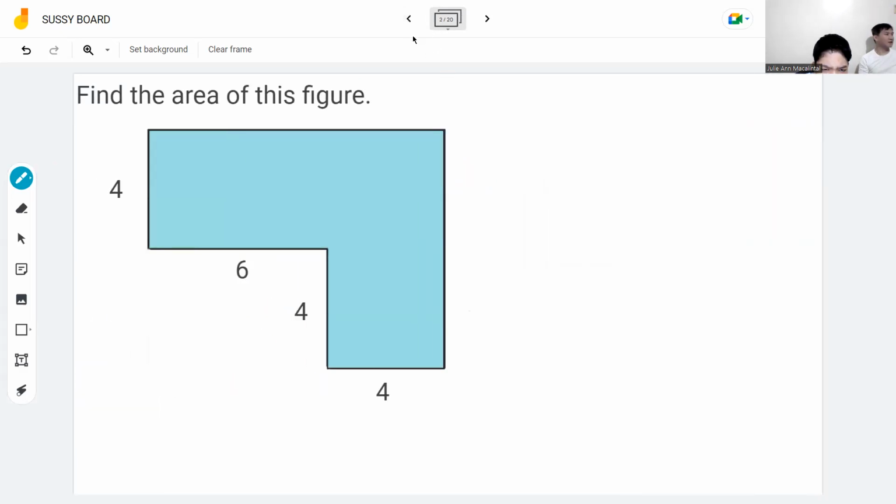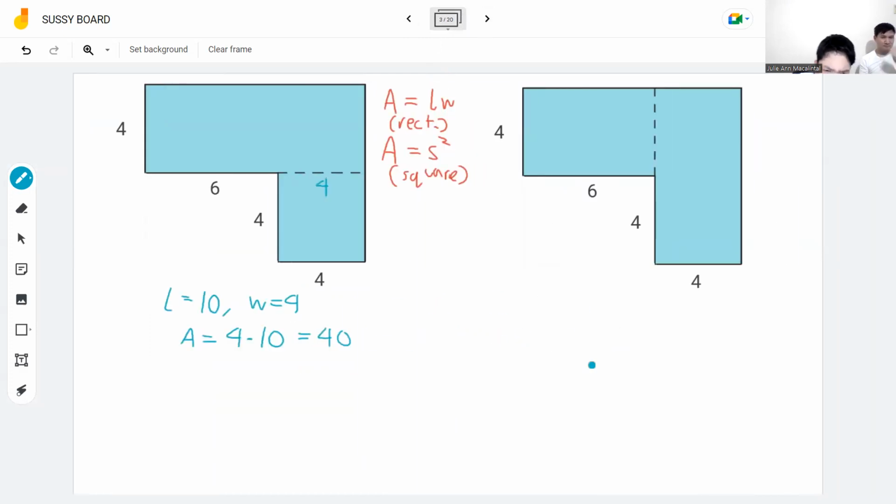We forgot to put there that all the angles are right angles. Let's just assume all of them are. It is really part of the problem. So the area is equal to 40.